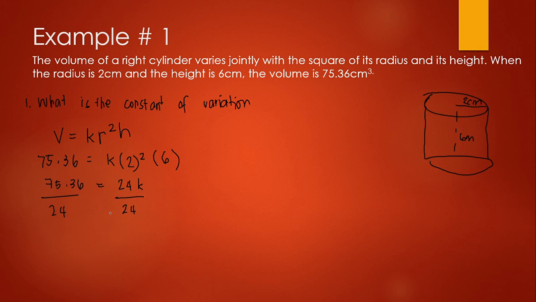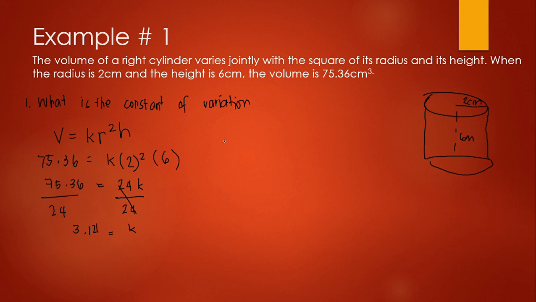So you have 75.36 over 24 is equal to k. When you divide this using your calculator, you're gonna have 3.14 is equal to k. Okay, that's the value of our constant.